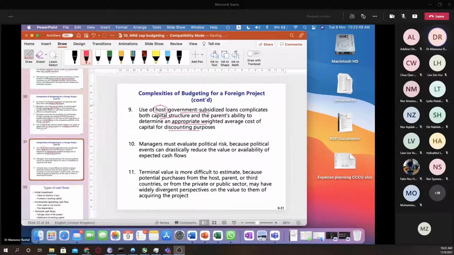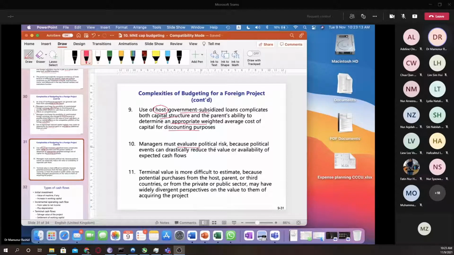You can apply for them, and this is an initiative by the host government to maximize foreign investment in their country. But when you take these host government loans, this may create problems with your capital structure, eventually creating a lot of challenges for your financing cost and also the capital budgeting decision process.